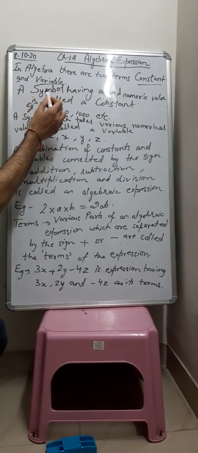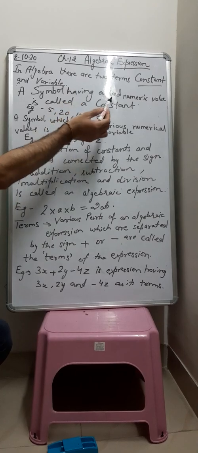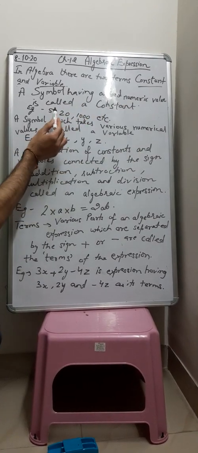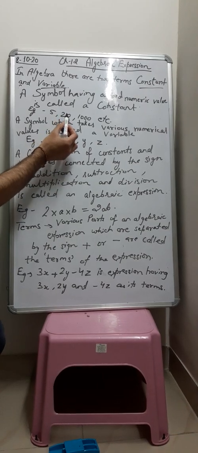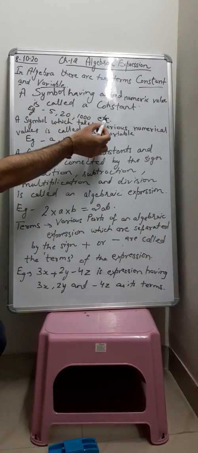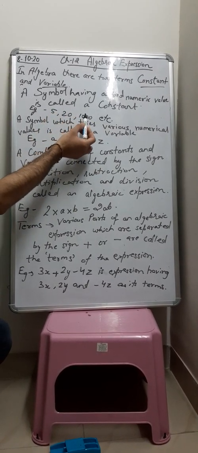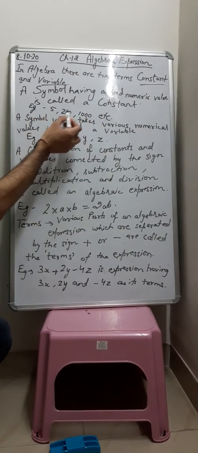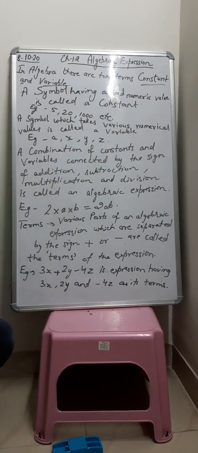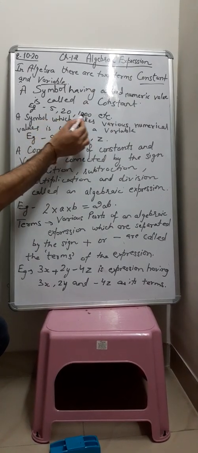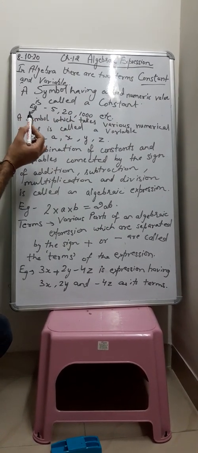Examples: 5, 20, 1000, etc. These all are examples of a constant, because all these numbers have a fixed value.